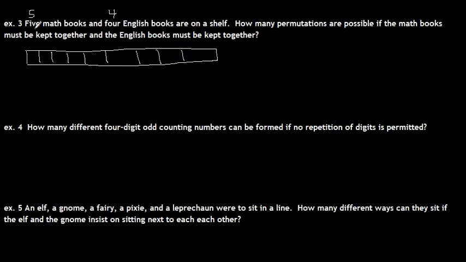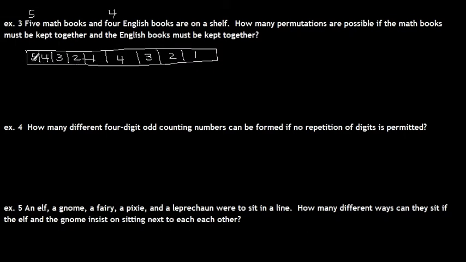So we can put, it doesn't matter what order you put them in, so we can have book 5 here, 4, 3, 2, 1, and our 4 English books here. And if we multiply these all out, we can change these orders around.